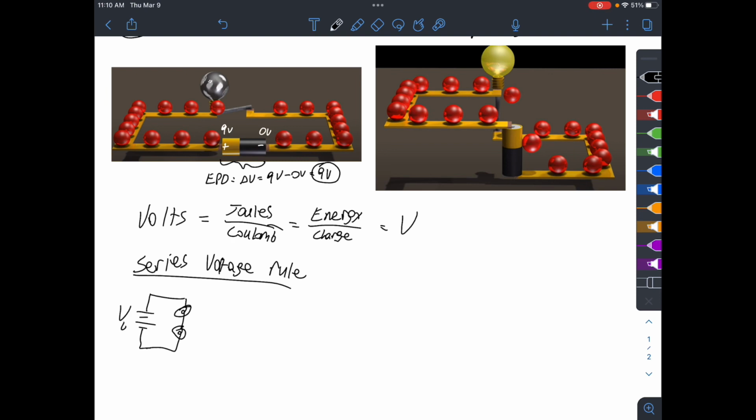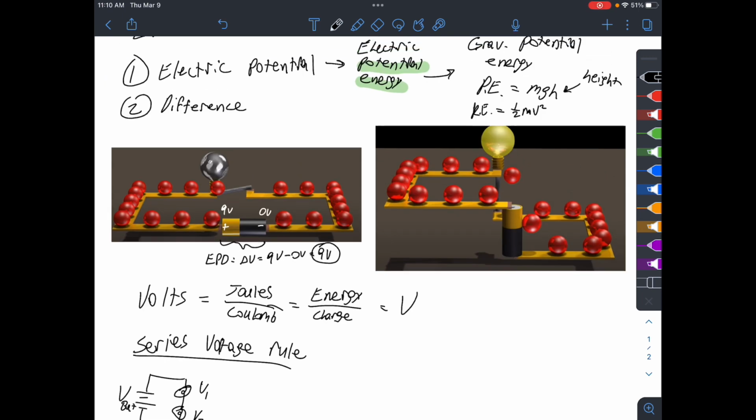And so I have a voltage here of the battery, and then a voltage across each of my bulbs here, or an electric potential difference across the bulbs, right?